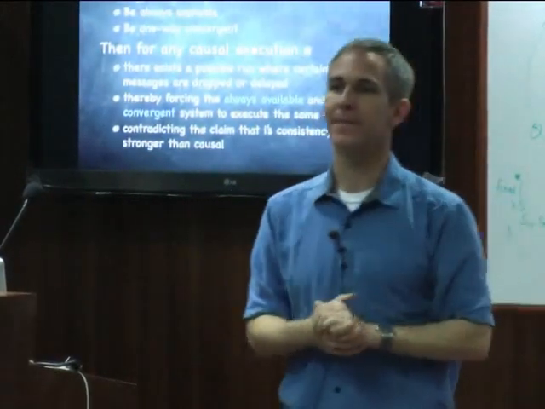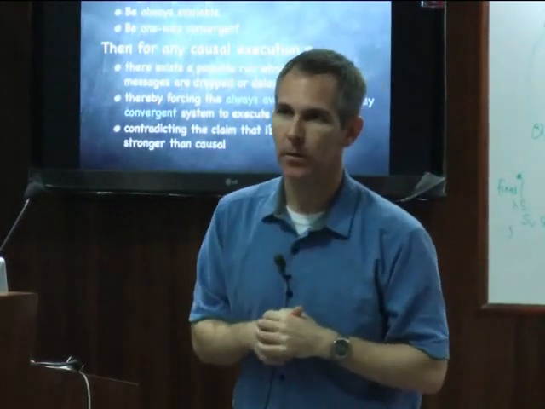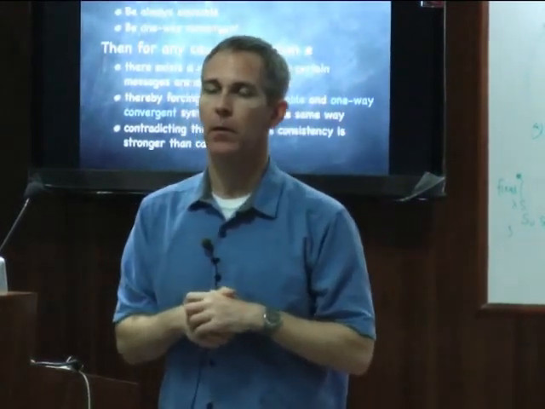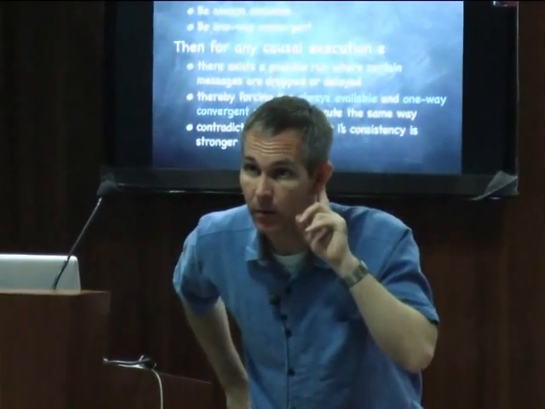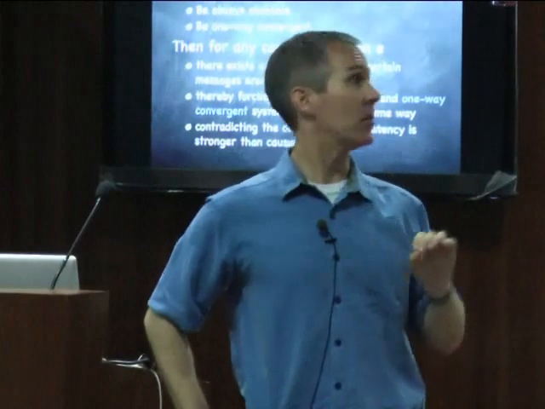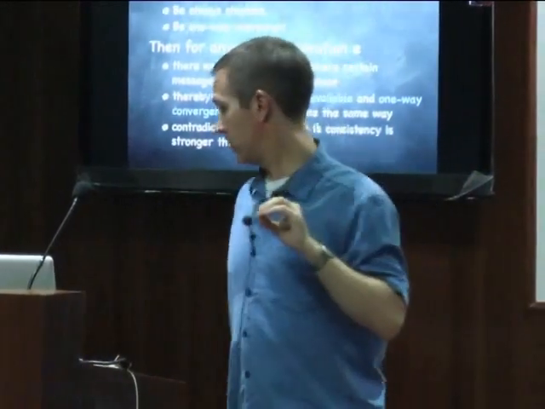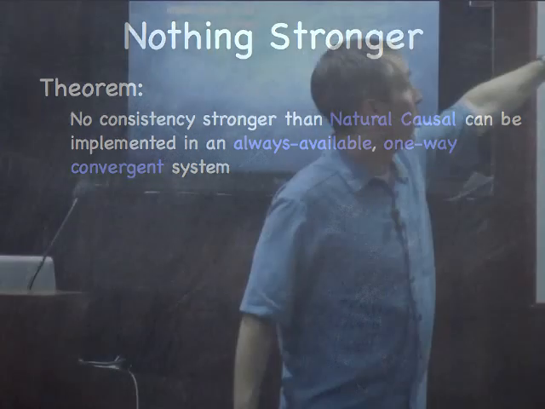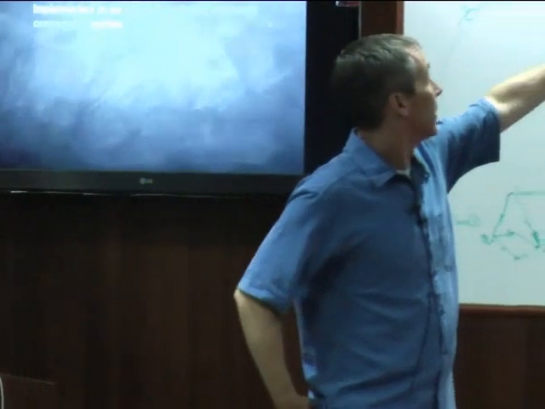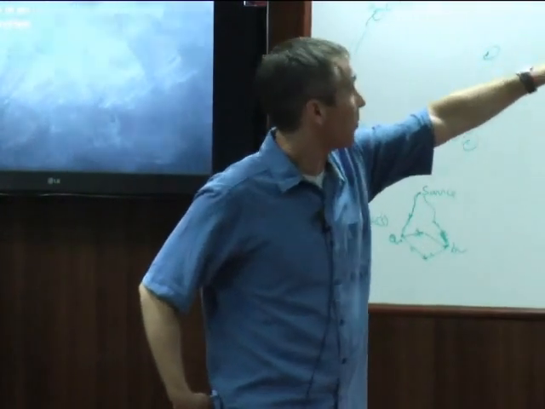Okay, yeah? So can we actually build a system which is natural causal and one-way convergent? Yes, so the claim was that we can build a system that is natural causal.